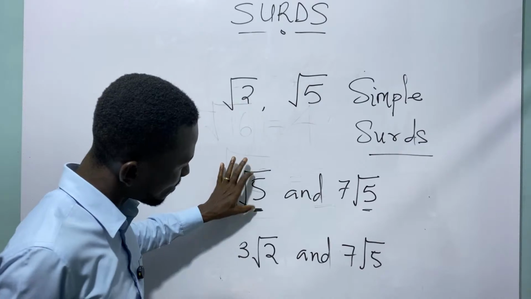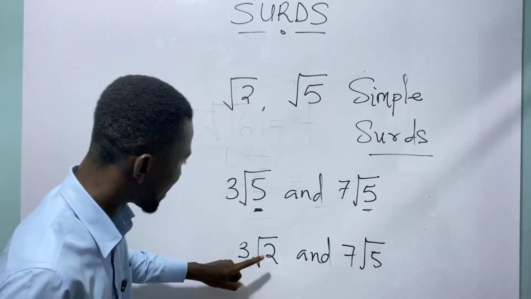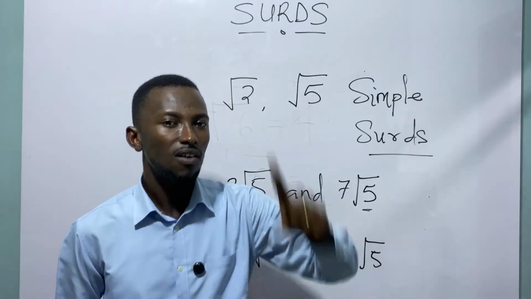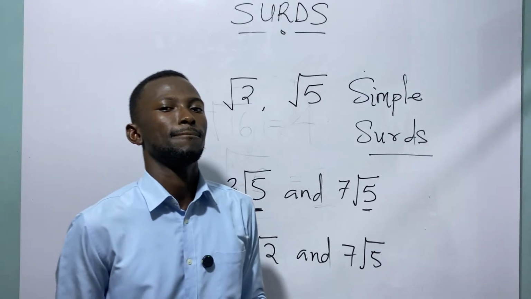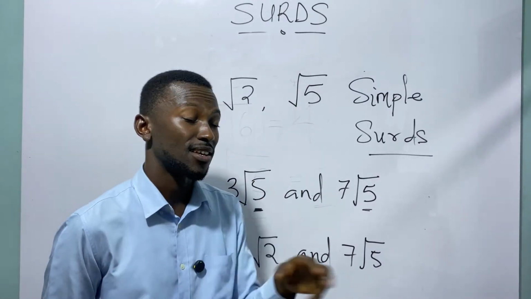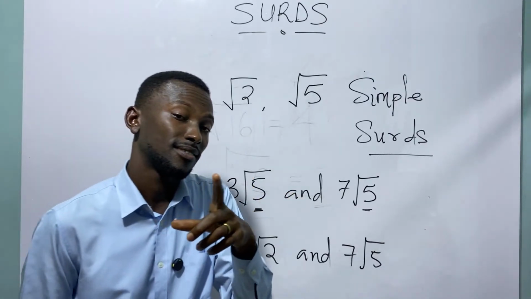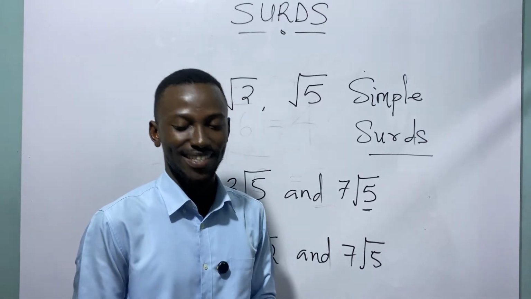But for this, if the numbers under the square root sign are the same, then they are known as similar surds. If they are different, they are known as unlike surds. And you cannot add them. You cannot add unlike surds. You can only add similar surds. Pay attention to that before we move to simplification of surds.